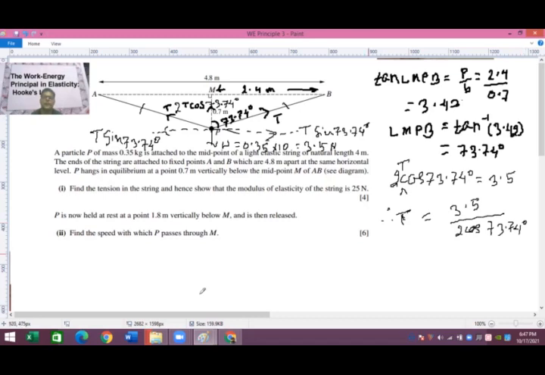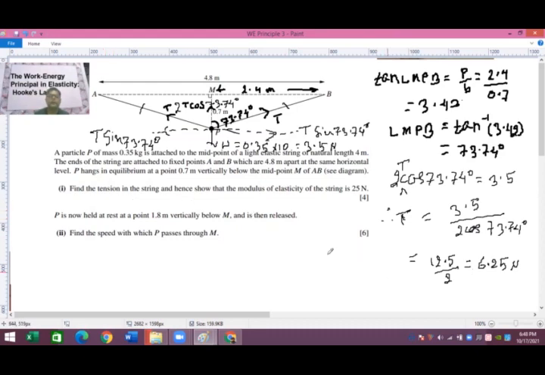Let's go back to the calculator and calculate this value. Finally it is 6.25 Newton.